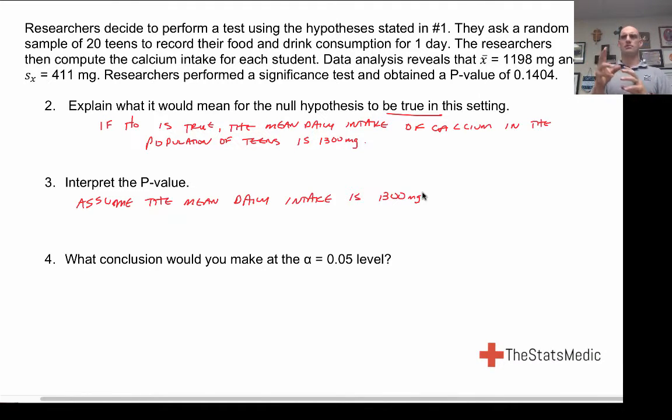So then what that tells us is, on the back end, when we're interpreting our results, we're seeing, well, if we assumed that it was 1,300, and we've got this probability distribution, right? How often did that happen by chance? That's the key right there. So we assumed that it was true. How often did it happen by chance?